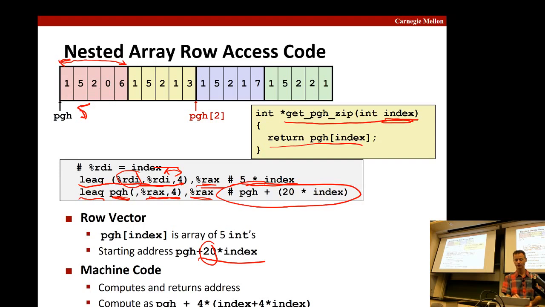Another way of saying that is there are 5 columns, 1, 2, 3, 4, 5. And each element is a 4-byte integer. So 5 times 4 is 20. So this location here is going to be PGH plus 20. This location here is PGH plus 40 and so forth. Okay?